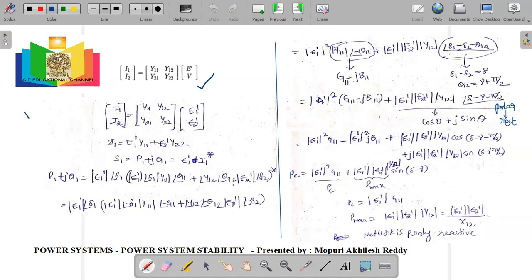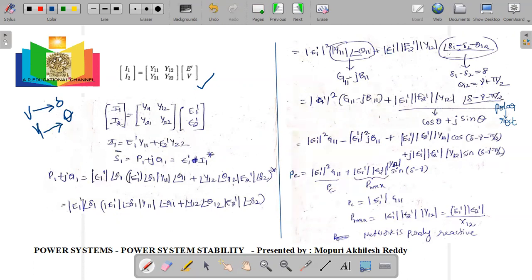You already know that voltage corresponding angle will be represented by del, and the admittance elements corresponding angle will be represented by theta. We had seen this in Newton-Raphson and the fast decoupled methods. So since E1 is the voltage, corresponding angle is del 1. Now into I1 conjugate. What is I1?